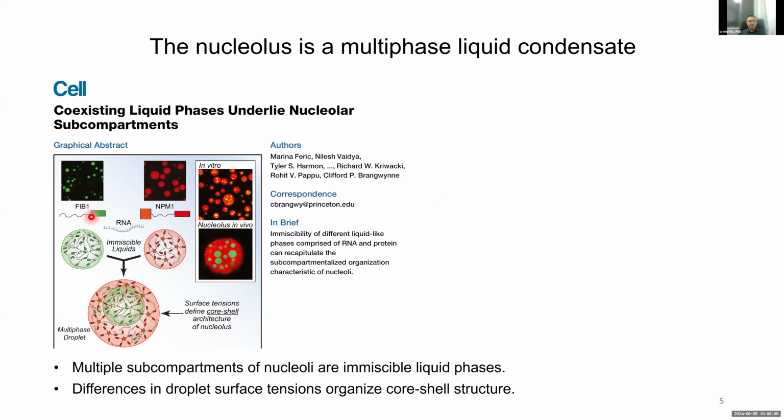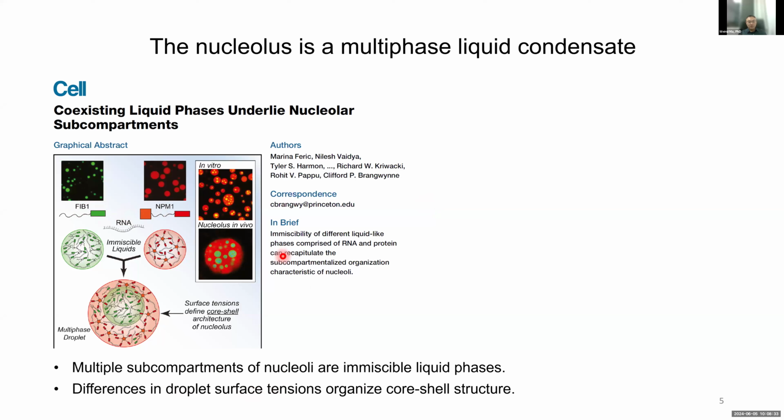For example, FIB1, which is a homologue of FBL in human, and NPM1 is the marker for GC. FIB1 forms those solid droplets inside the NPM1 droplet. The surface tension of FIB1 and the surface tension of NPM1 are very different.